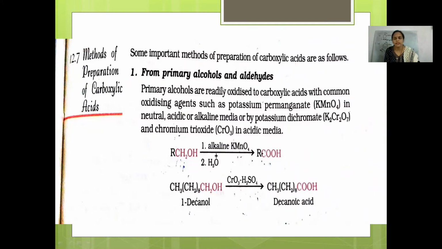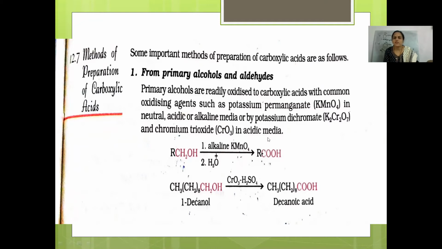We have already read in the last chapter, and here I'm repeating, that primary alcohols, on treating with some oxidizing agents, can form carboxylic acids. The oxidizing agents you can use are alkaline solution of KMnO4, potassium dichromate, K2Cr2O7, or chromium trioxide, CrO3.